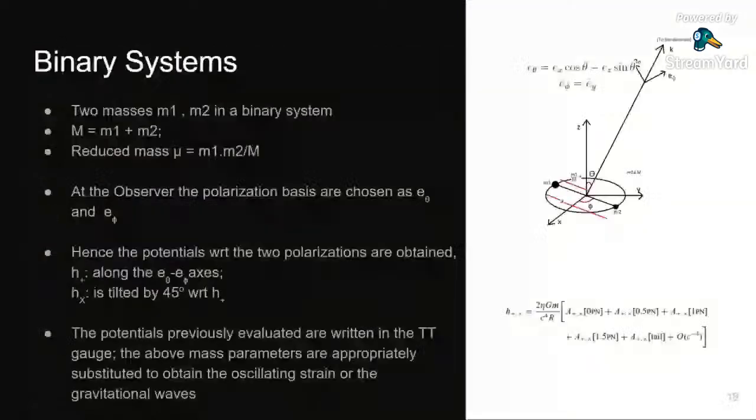Now these h_ab of the near zone and far zone need to be converted into the transverse trace-free gauge. We have a potential, but that potential or field is just a disturbance.